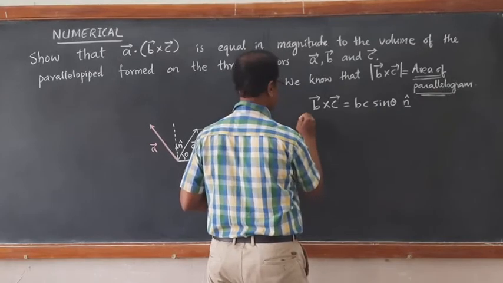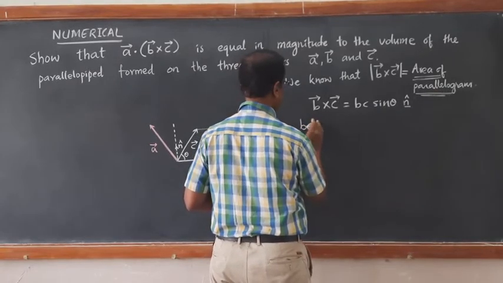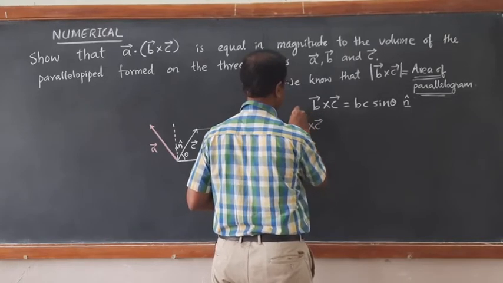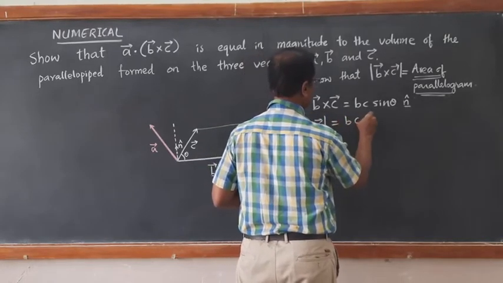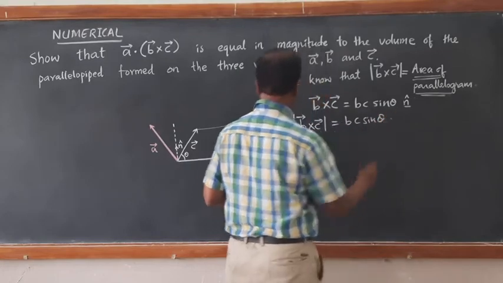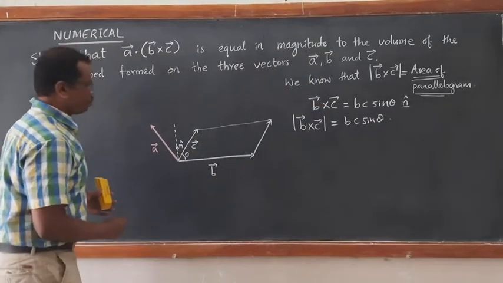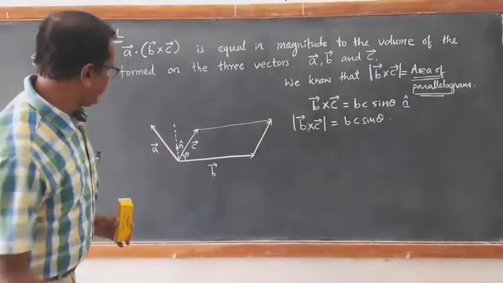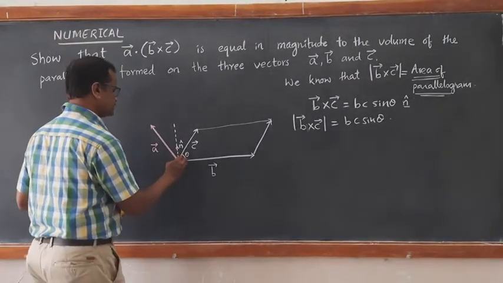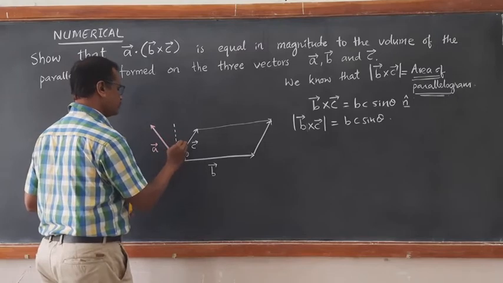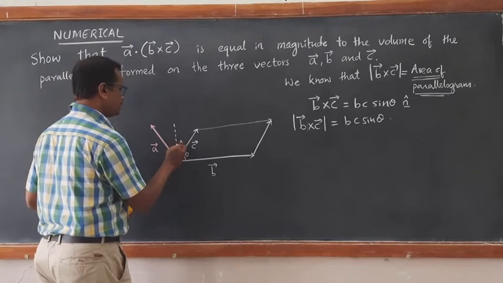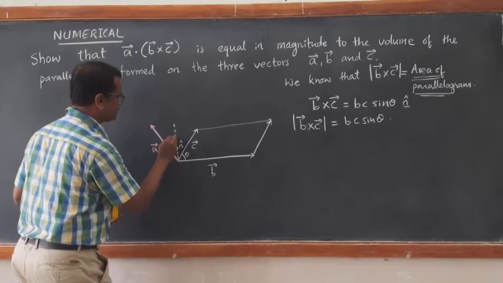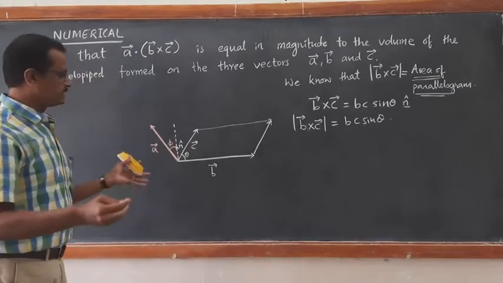The magnitude of B cross C is BC sin theta. Now suppose the angle between this vector and the vector A is phi.